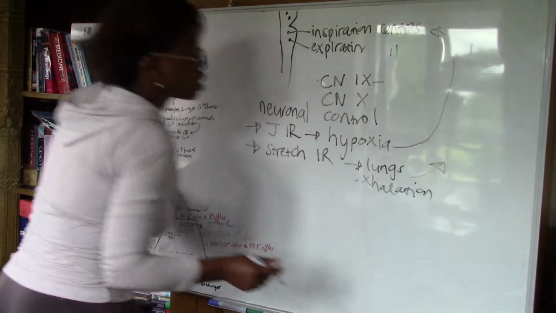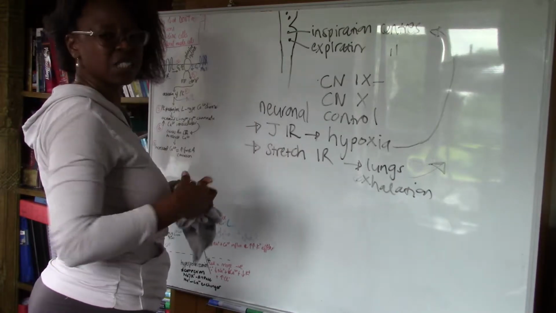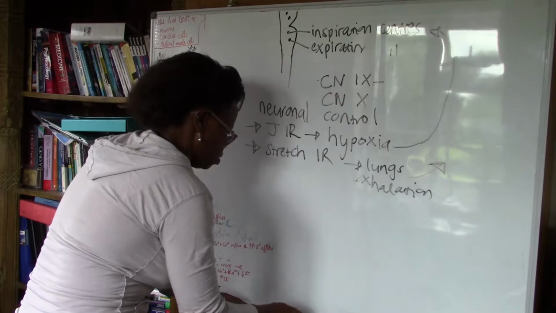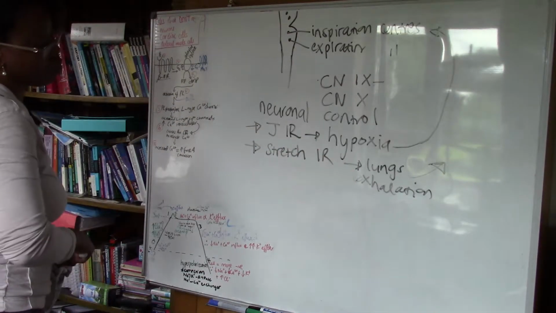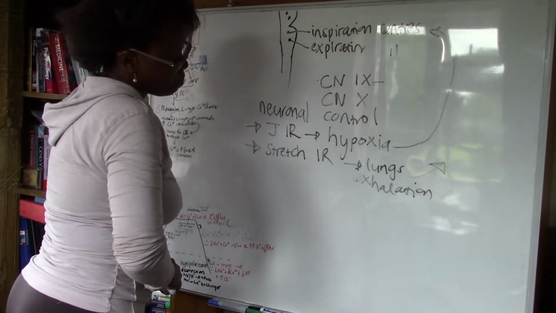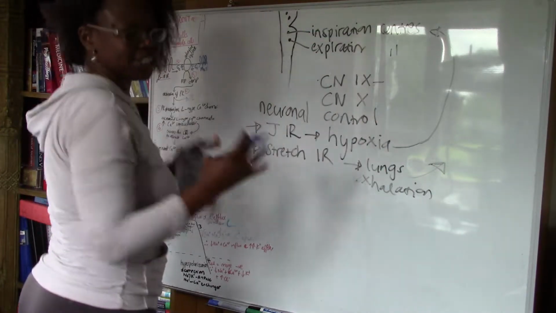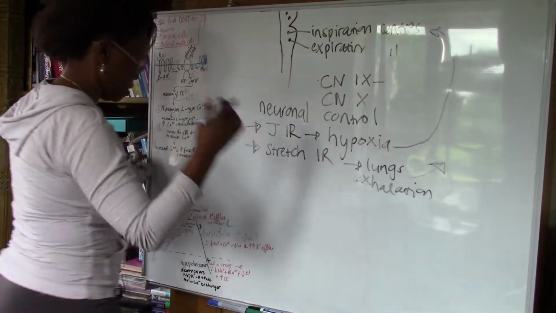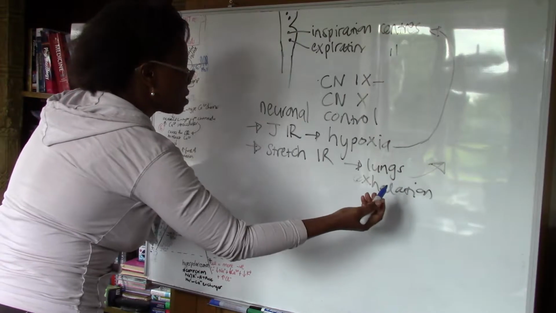I'm obviously missing out a lot of steps, but really it's via neuronal control, neurons synapsing and giving out the motor control. So as we inhibit inspiration and stop the expansion of lungs, we then exhale.